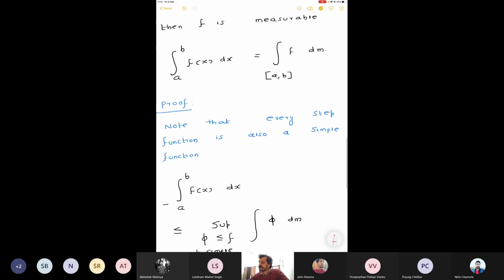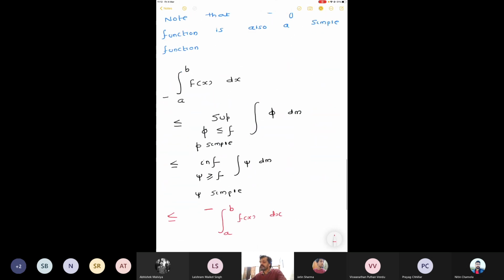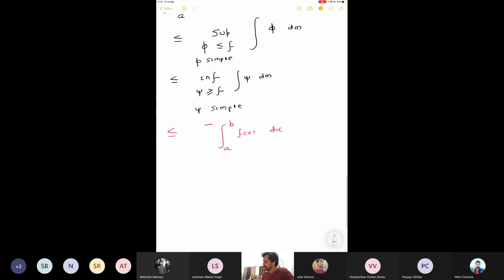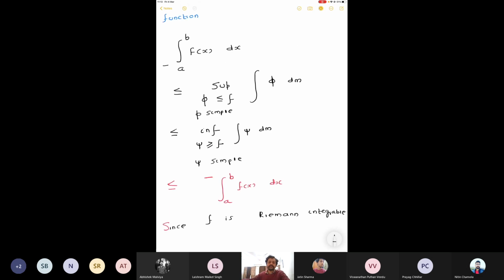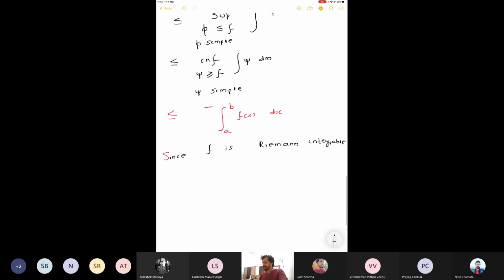Now we know that f is Riemann integrable. Therefore, the upper Riemann integral should coincide with the lower Riemann integral since f is Riemann integrable. That means the sequence of inequalities that I have written should all turn out to be equalities.